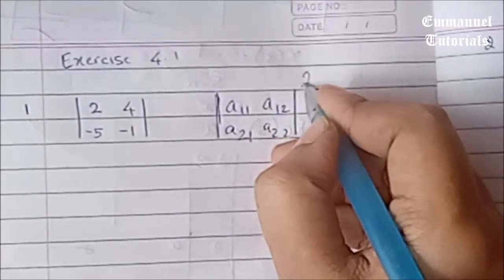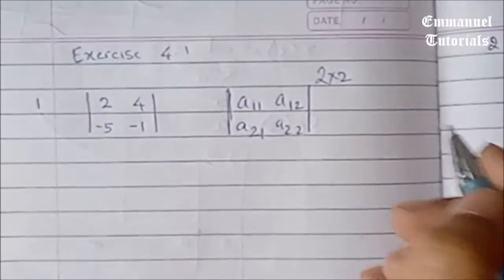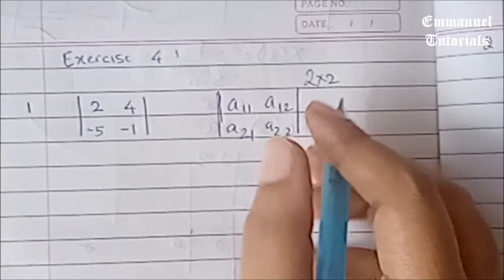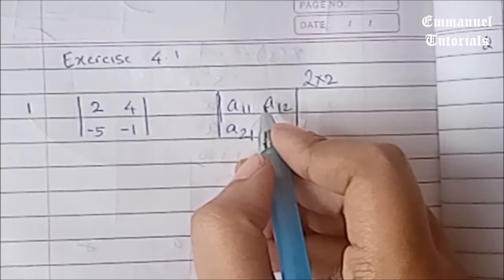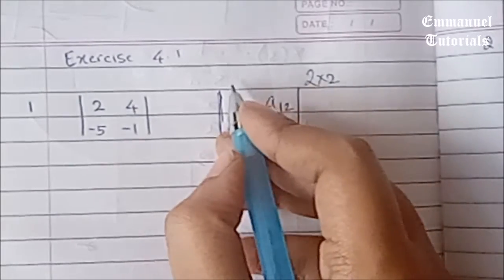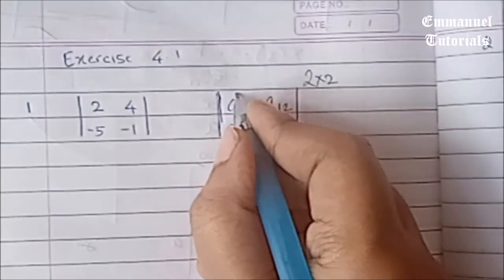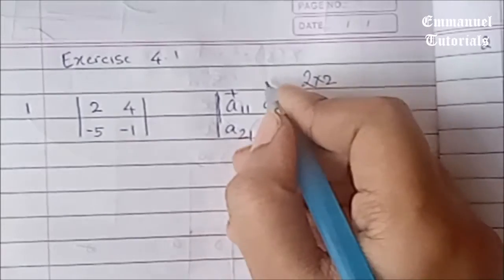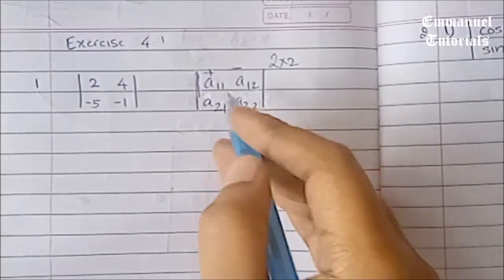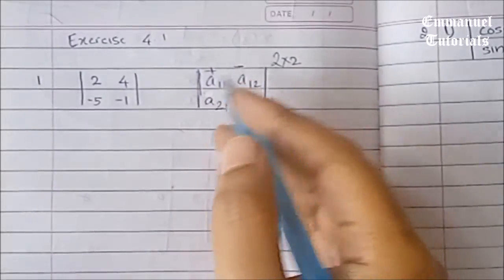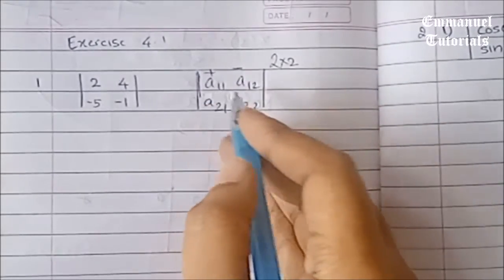This is for a 2 cross 2 determinant. Now, to find out the value of the determinant, you have to just write the signs plus minus on the first row. So this way you can easily remember how we have to find out.